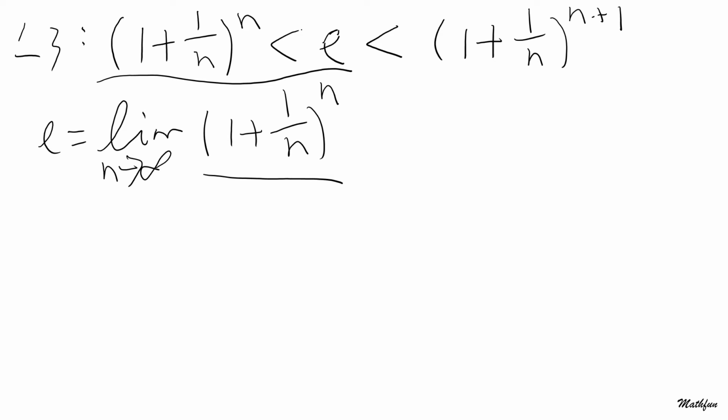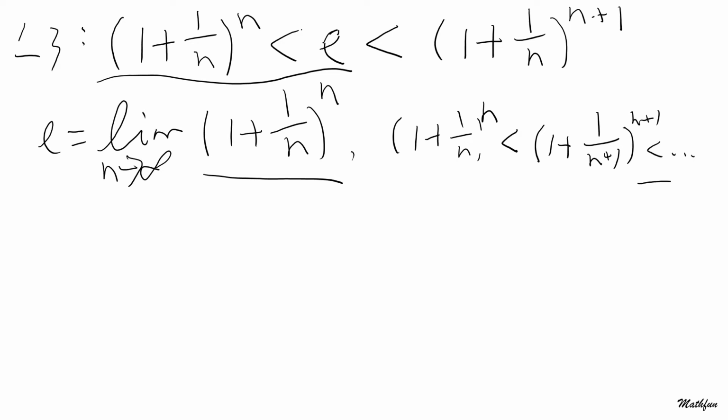Actually, because we can write it down if you want: 1 plus the reciprocal n to the power of n is obviously smaller than 1 plus the reciprocal of n plus 1 to the power of n plus 1, isn't it? And even smaller than the next one, and remember it approaches e. So this is obviously true.